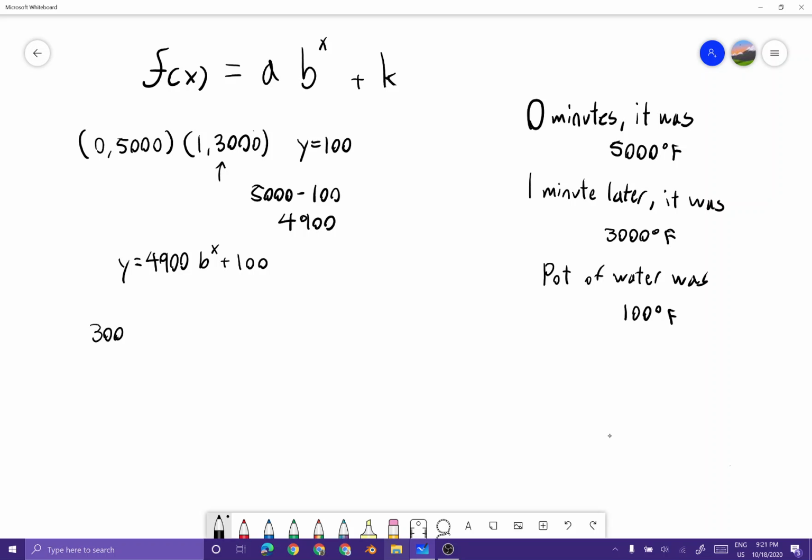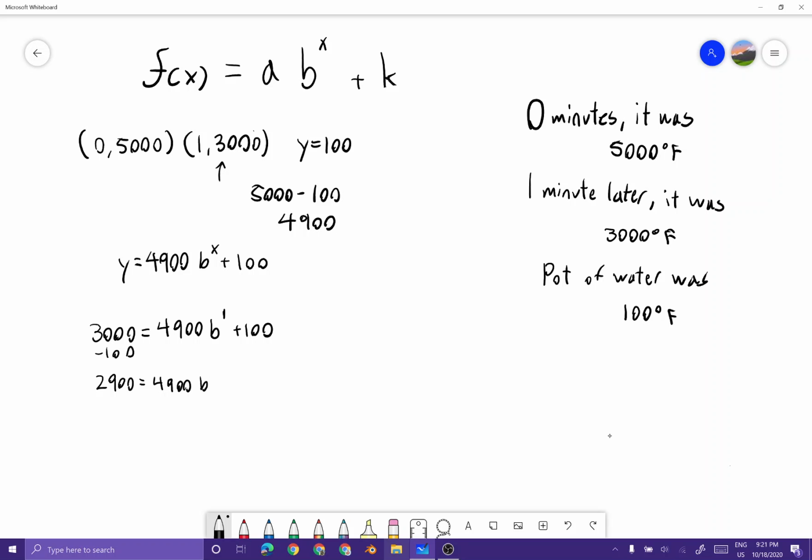So it becomes 3,000 equals 4,900 b to the power 1 plus 100. So now we do the math. Minus 100, 2,900 equals 4,900 b to the first. B to the first is equivalent to b.